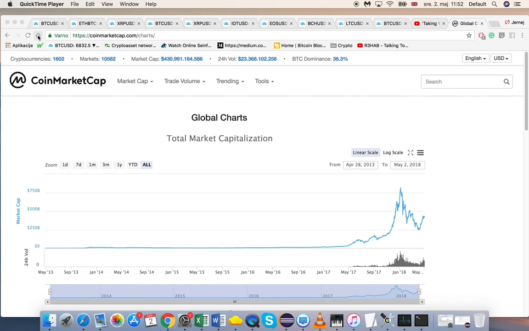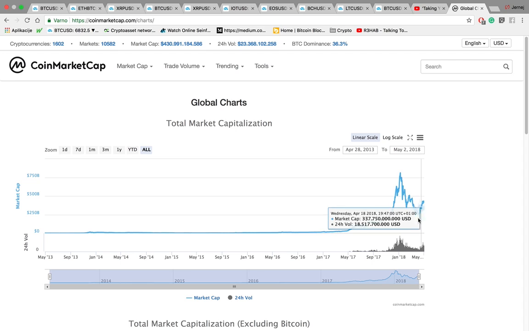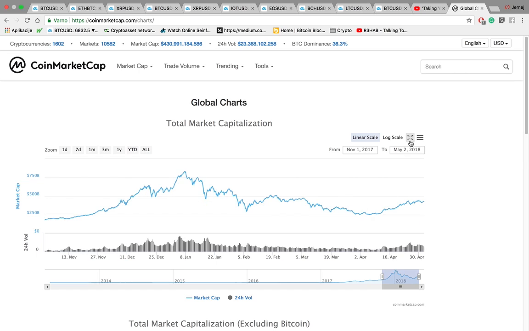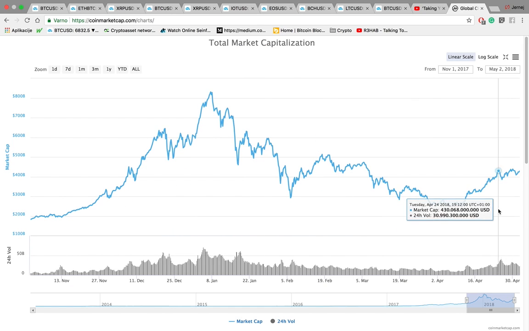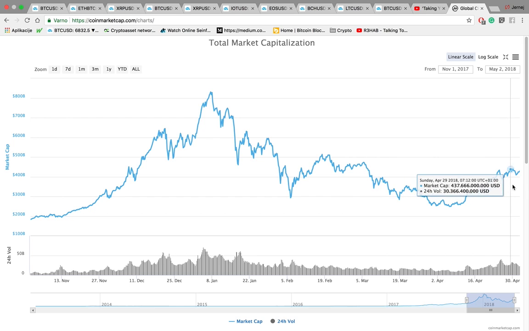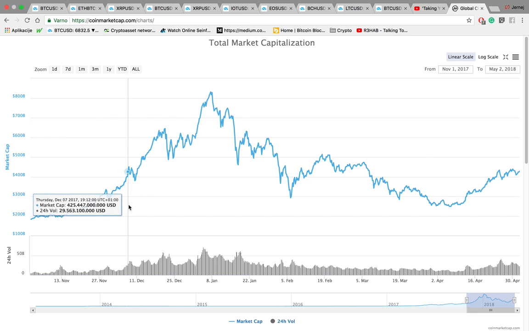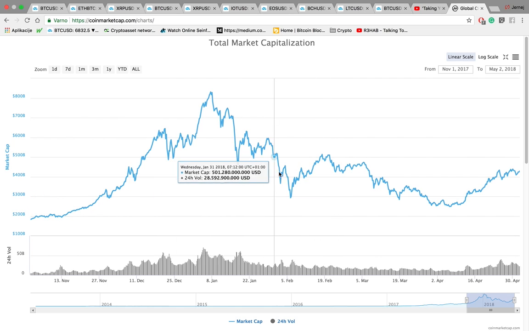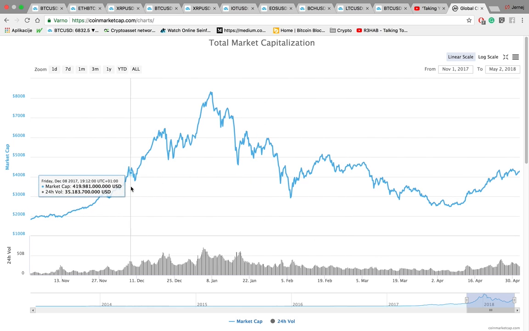So first, starting from total market cap, I was observing this for quite some time now. I was really interested in what will happen after the bounce, and I was expecting this to have a little blockage here in energy or hit a resistance, because if we look at this area, of course we cannot draw here, so you're gonna have to use your imagination a little bit.